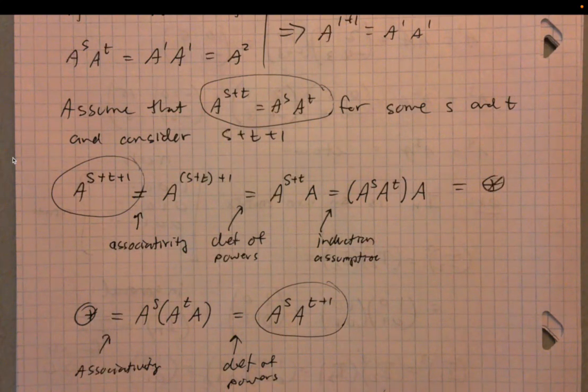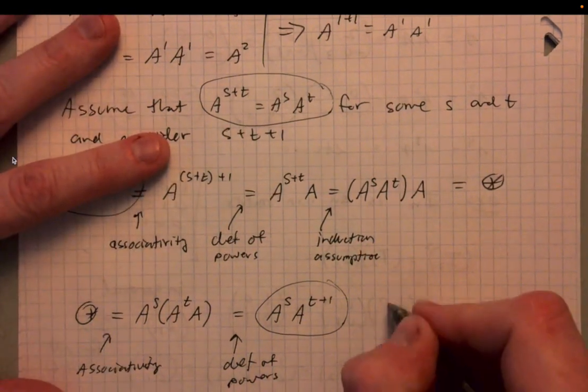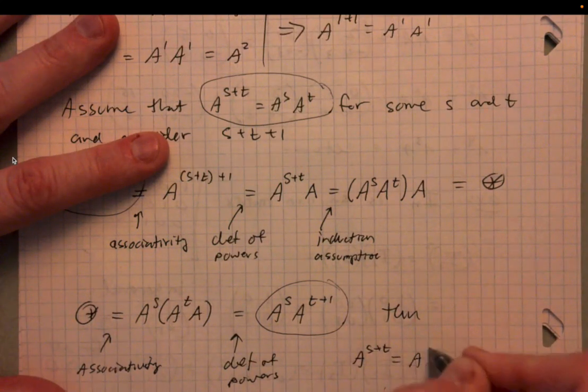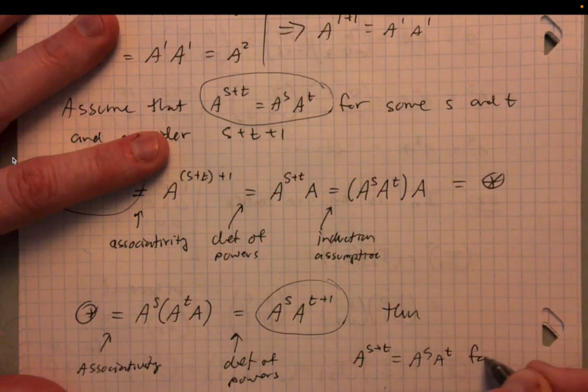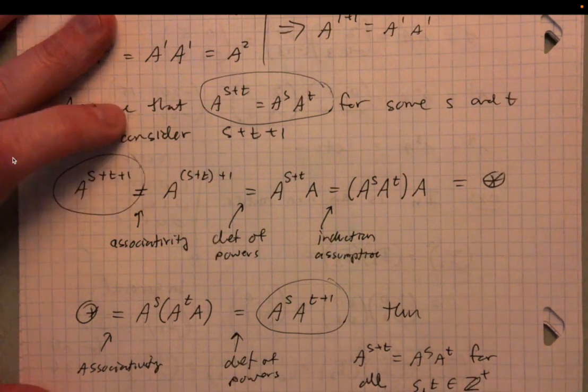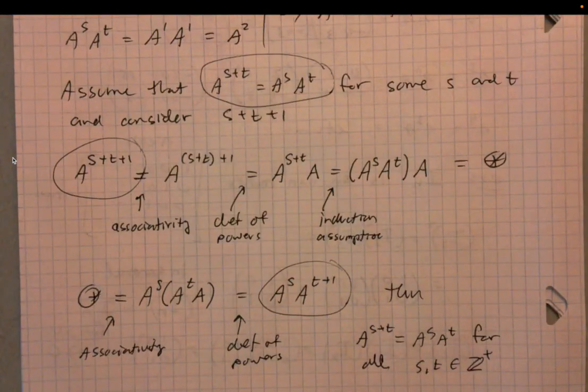Because the induction relationship holds, we can say this is true for all s and t that are in Z plus, or non-negative integers, maybe that's easier to say. So that is that.